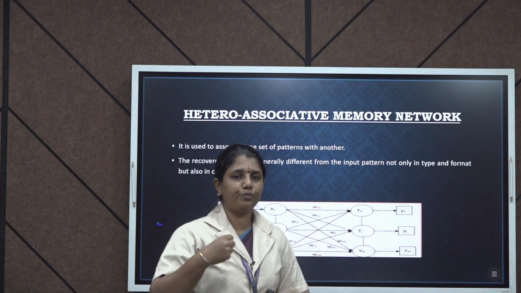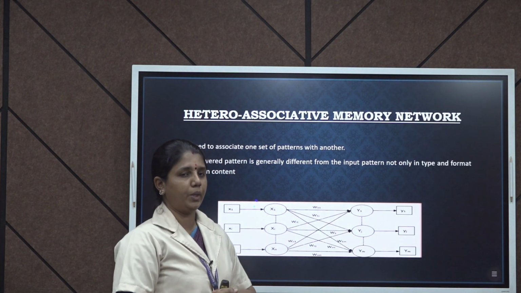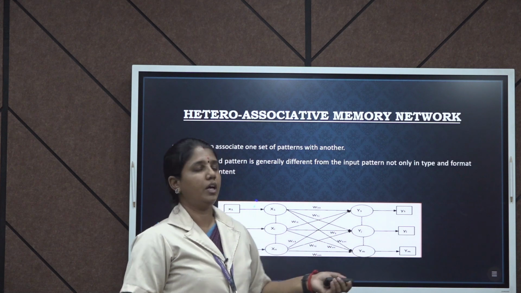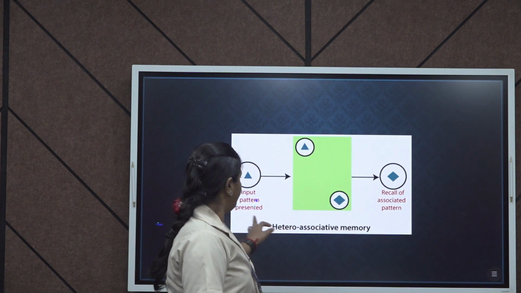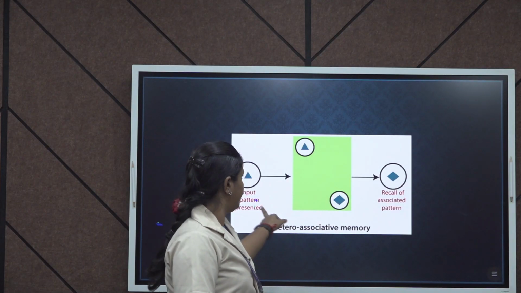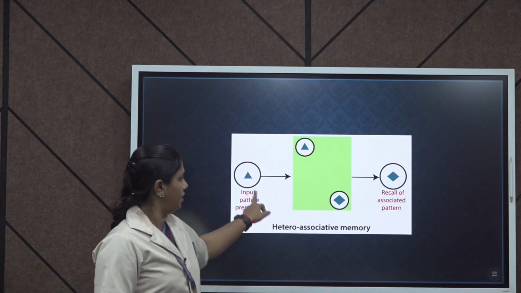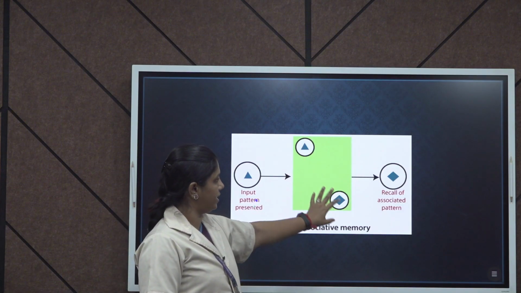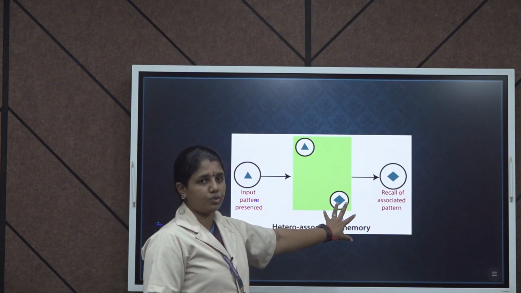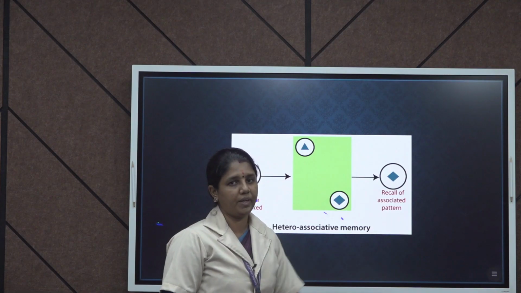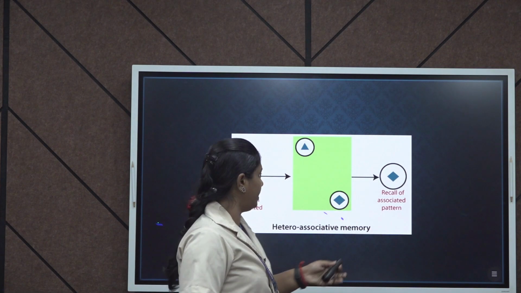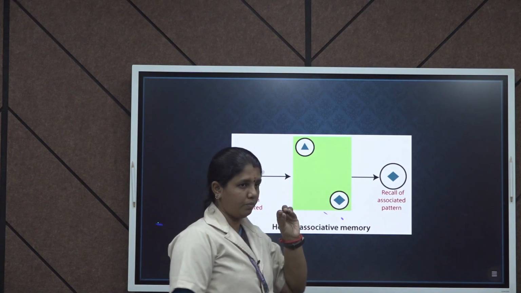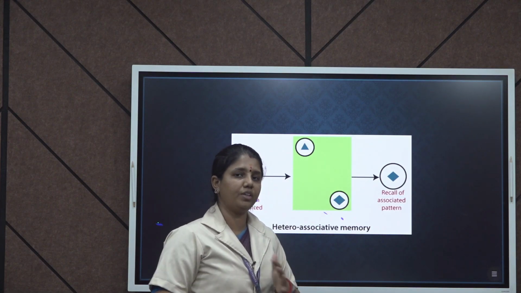The output of the deep neural network is completely different from the input in hetero associative. For example, the input pattern presented is a triangle, and in hetero associative the triangle is there and a diamond is also there, but the recalled associated pattern is completely different, not only in the word but also in the format. Everything will differ.